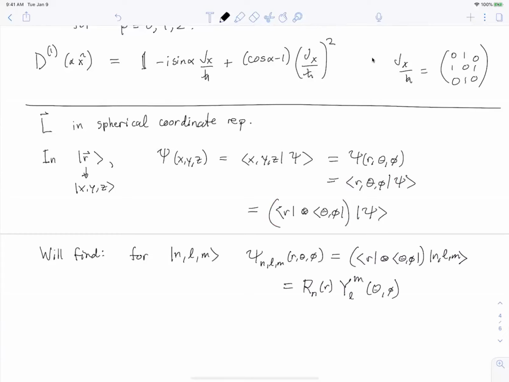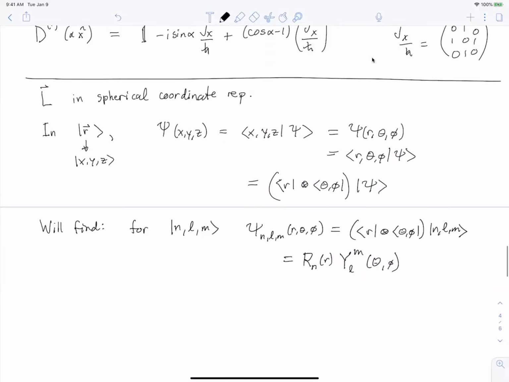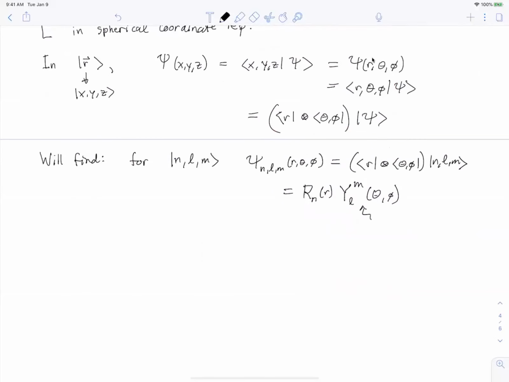Okay, and so those things are going to be the spherical harmonics, and our job is to figure out what they are.